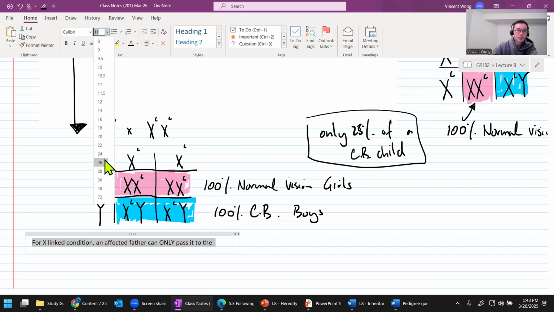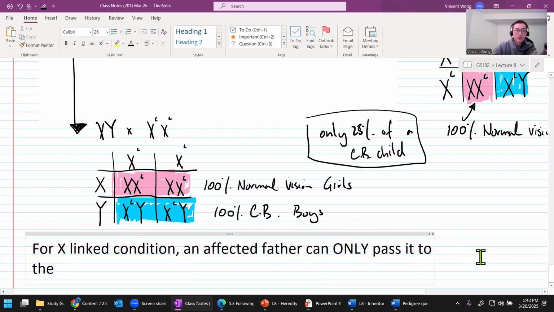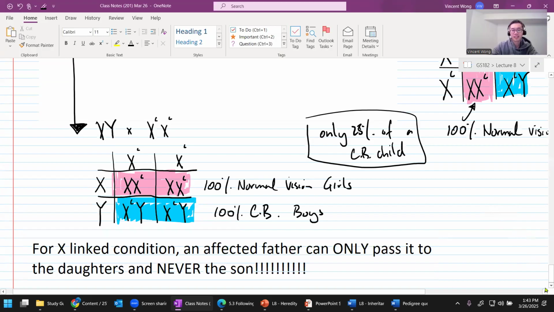Let's see who else was listening. For an X-linked condition, an affected father can only pass it to who? To the daughters. That's right. And never the son. Never the son.